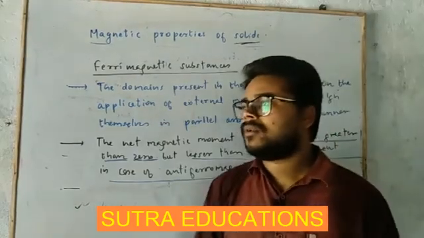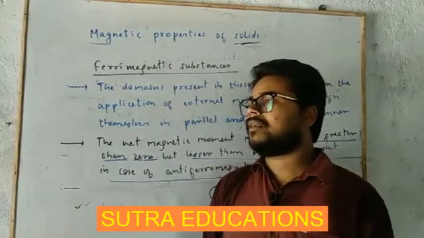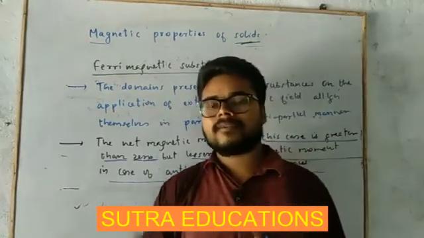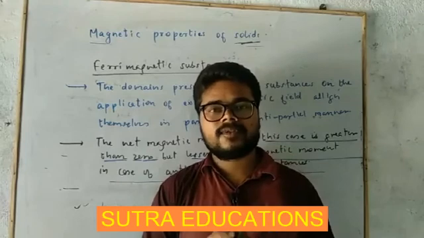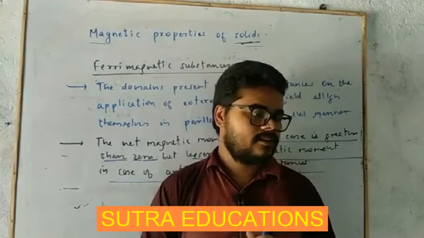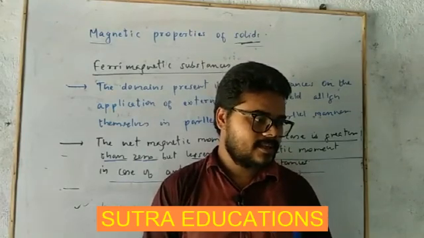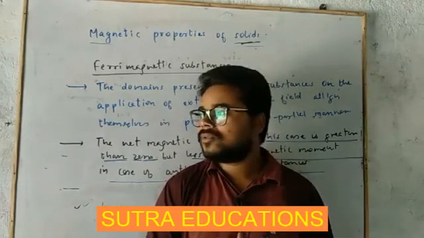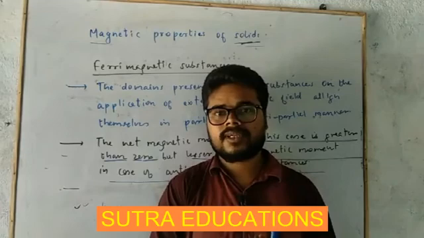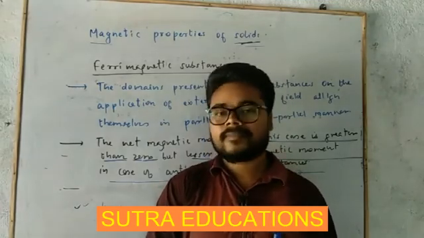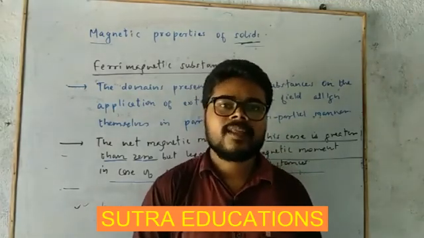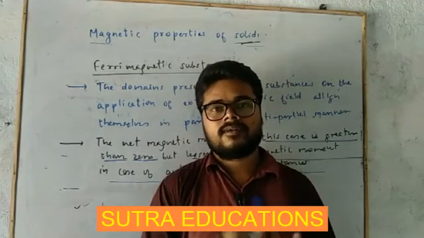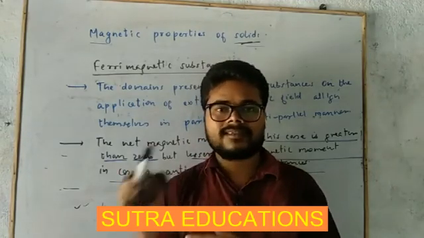We are left with the effect of temperature on magnetic behavior of solids, and then dielectric constants. In the next video, it will take hardly 20 to 25 minutes, and we will finish this chapter.